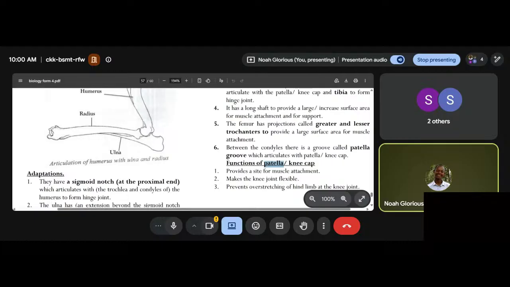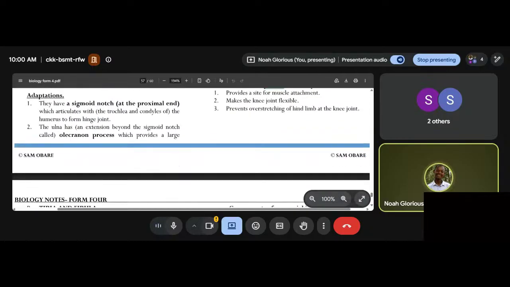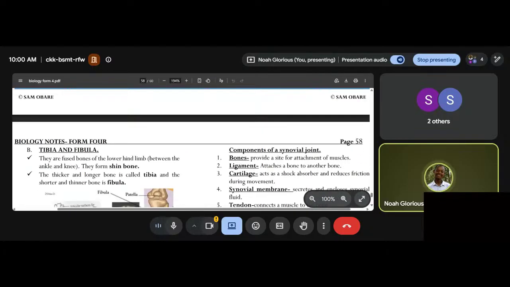You can also move your hand up to 180 degrees at the elbow. The same, you can move your leg straight when you are standing up to 180 degrees at the knee. So it is important you check out on that.